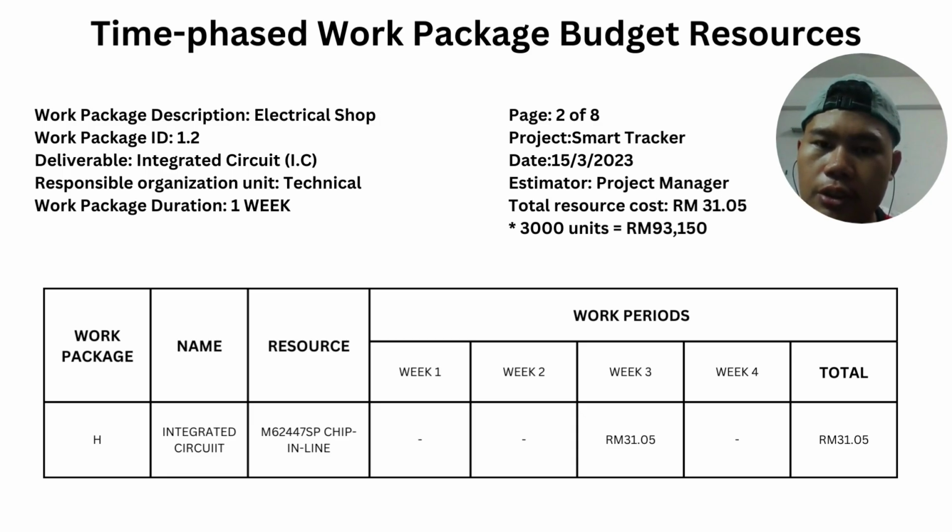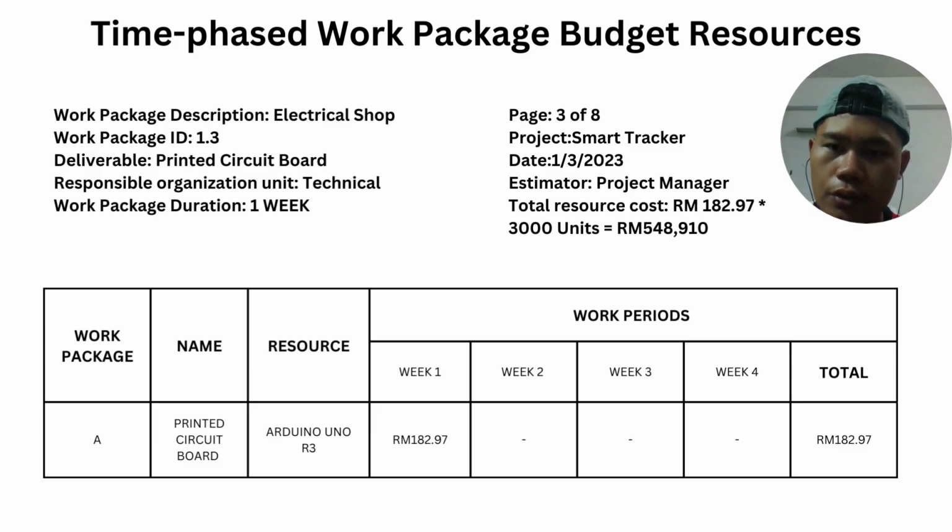Responsible organization unit is technical. Work package duration is 1 week. The work package is H. The resource for the integrated circuit is the M62447SP chip inline, and we do this project in week 3.